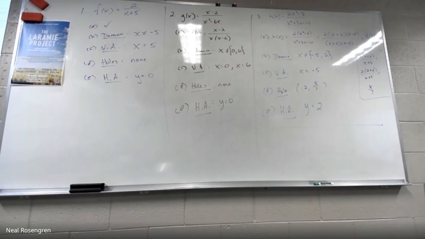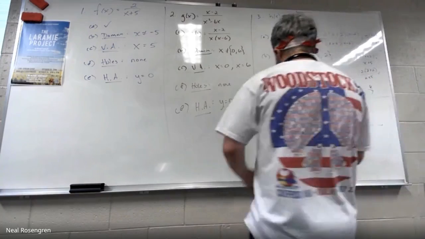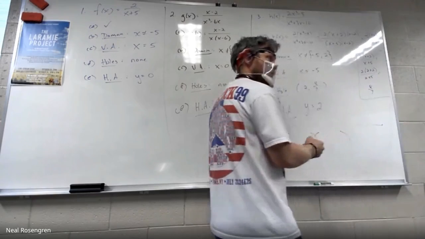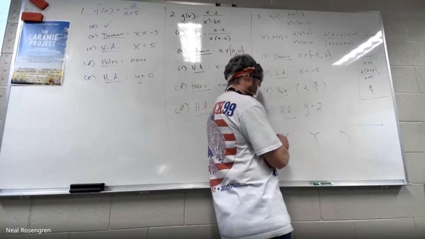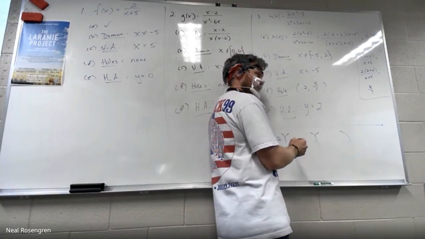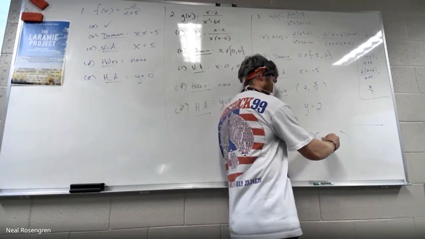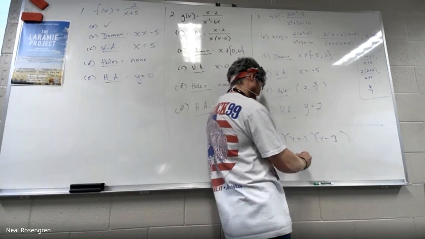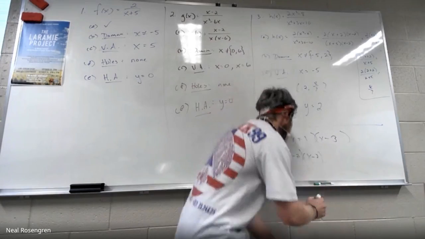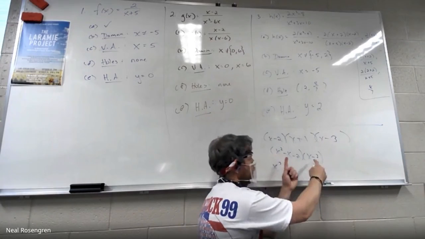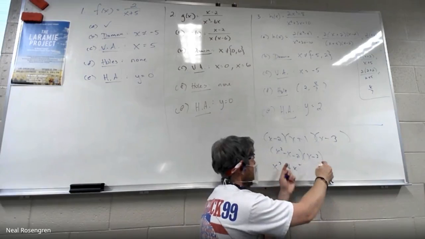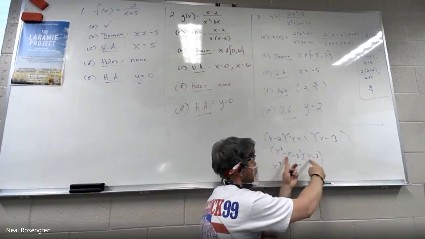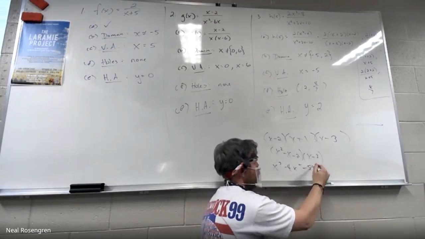Why is that off by a little bit? I just gave it 3 nice zeros, and one of them was x minus 2. I thought I did x plus 1, and x has to be minus 3, because that would have been x squared minus x minus 2 times x minus 3, x cubed minus 4x squared minus 5x plus 6.